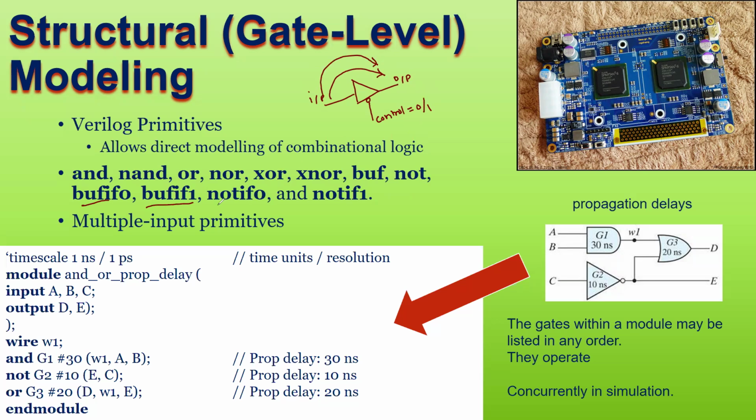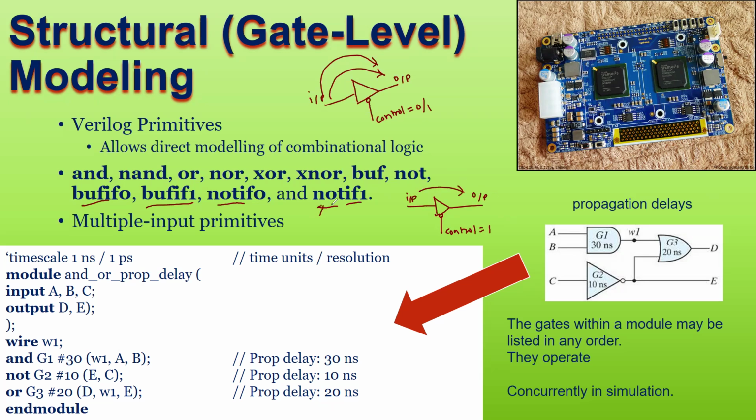In this case, it is bufif0 and bufif1; you have the tri-state buffer again, but in this case, when your control is equal to 1, then your input gets transferred to the output.